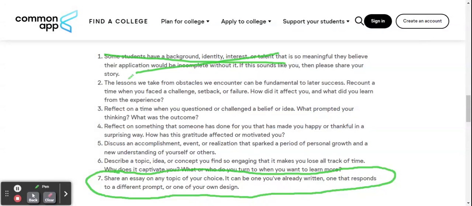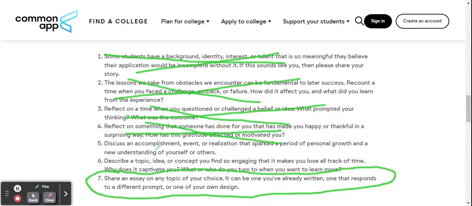I did my brainstorming, I did my outline, and I looked back at all of these prompts, and honestly, not one of these 6 prompts applies to what I came up with when I was really thinking and reflecting about who I am as a person. If that's the case, then design your own essay, as it says here. It can be one you've already written, one that responds to a different prompt, or one of your own design.